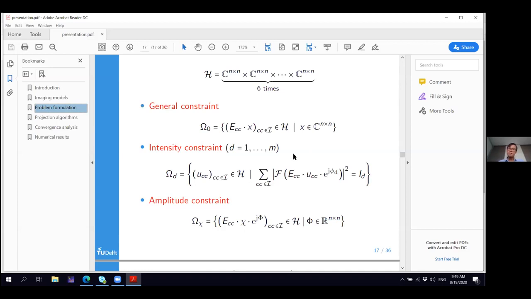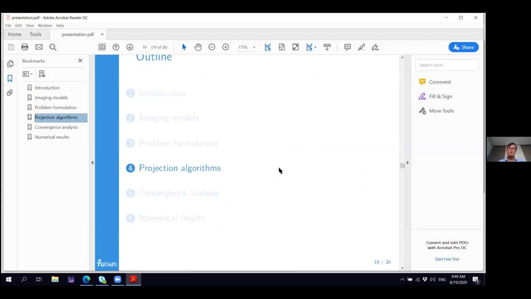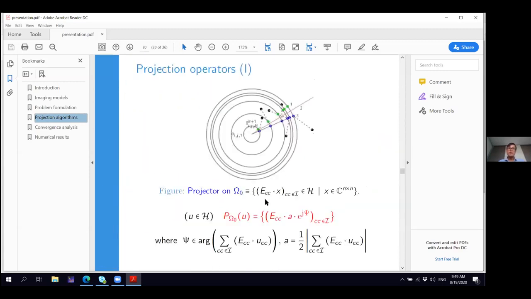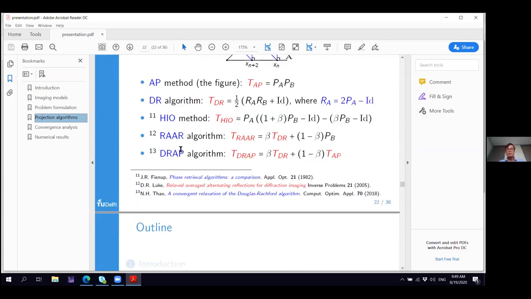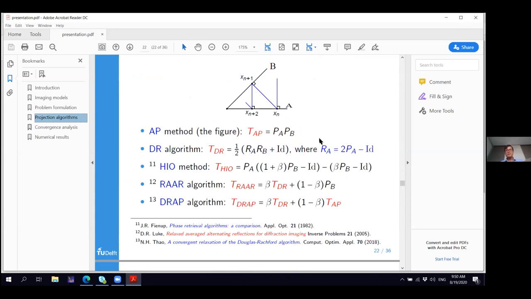That's why we need other projection methods, for example Douglas-Rachford. It gets faster. In phase retrieval it is due to Fienup, like 40 years ago. It gets faster convergence, but because it is very sensitive to noise, it cannot be applied to problems with noise.